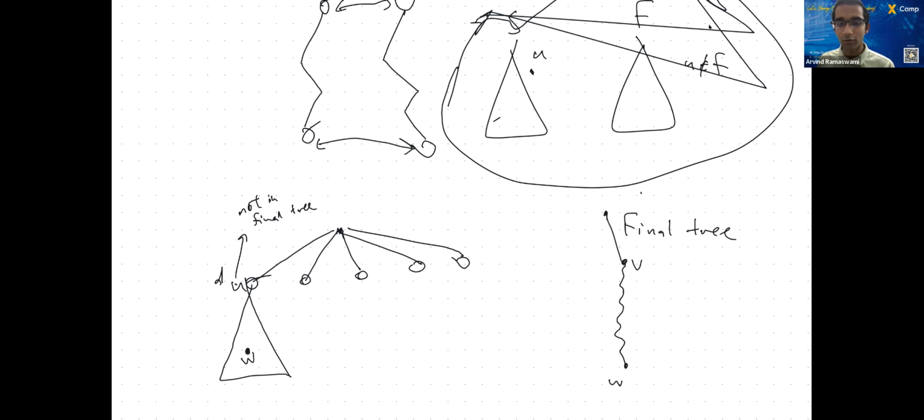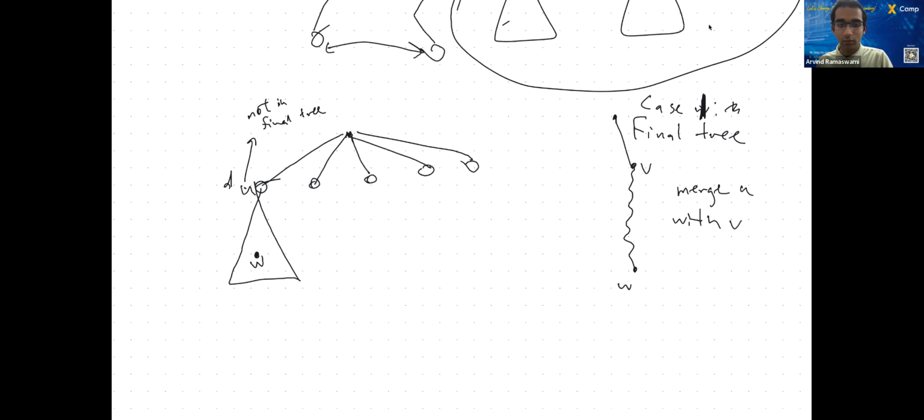W is in the final tree, then merge U with V. And then case two. And then the merging is O of N. Since the input N is at most 1000, and we have at most O of N merges, these merges are efficient enough.